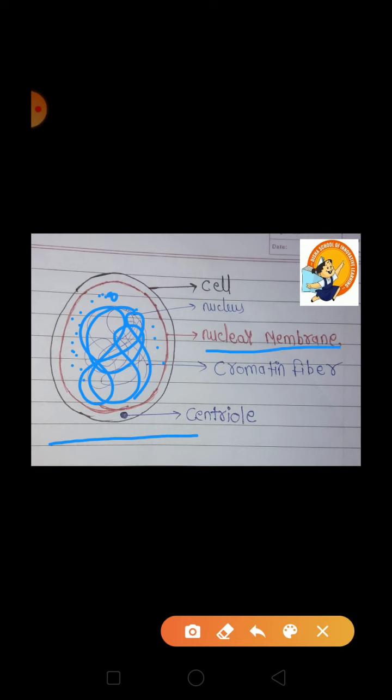This nuclear membrane is a protective layer which guards this genetic material. Now this is a cell. Then outside the nuclear membrane, but inside the cell, the centriole is present. The centriole plays a very important role in the process of cell division. This is the structure of the cell, which is very important for our further studies.